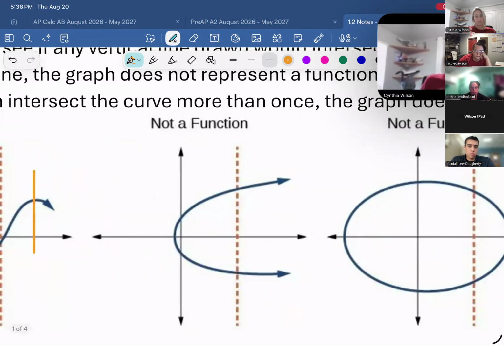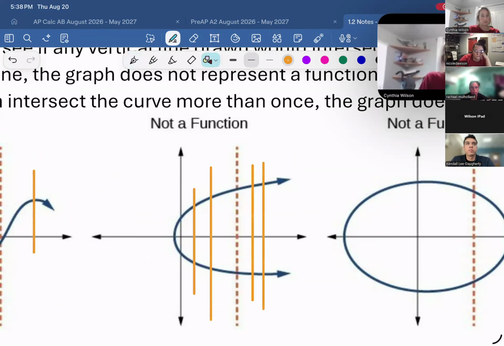Whereas this little guy, I draw a vertical line in a few spots, and I noticed that it's going to hit the graph twice, a lot of times. Not a function, because it fails the vertical line test.